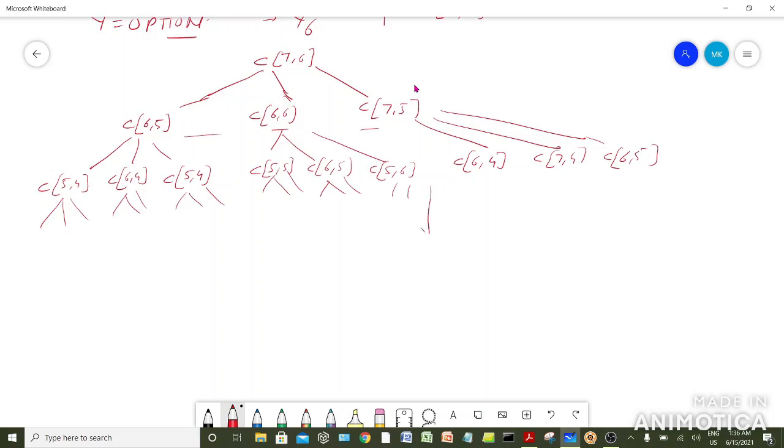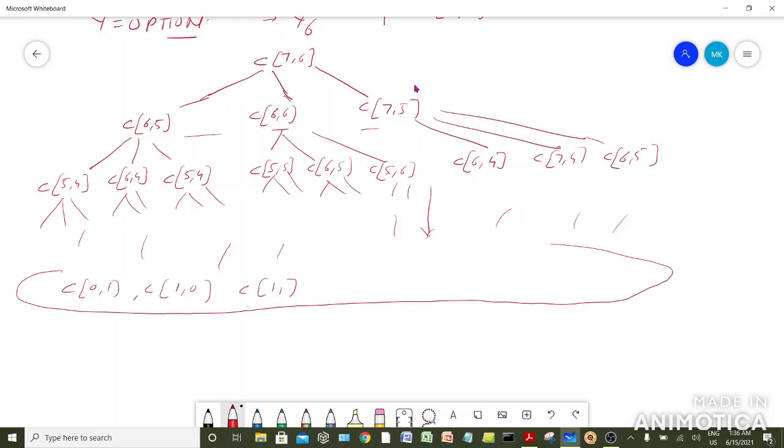Till when? Till we reach the bottom level, and the bottom level will be containing C of 0 1, C of 1 0, and C of 1 1. So this is going to be the bottom level for all of these. These all are going to end here. Fine.